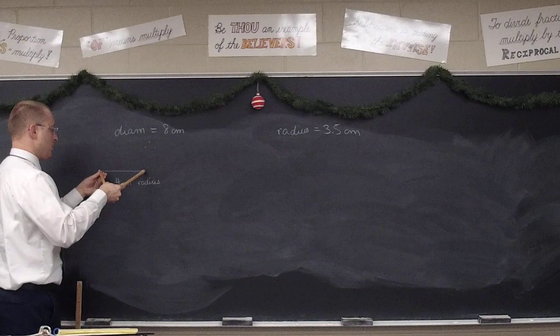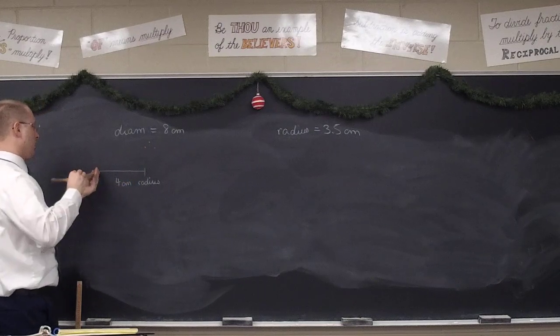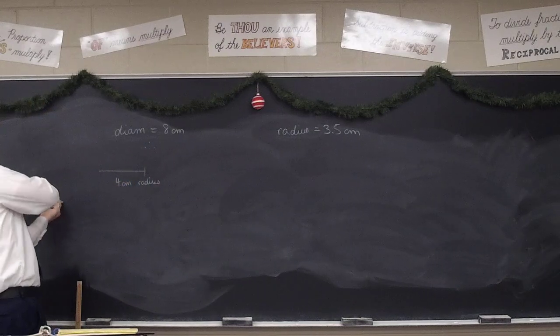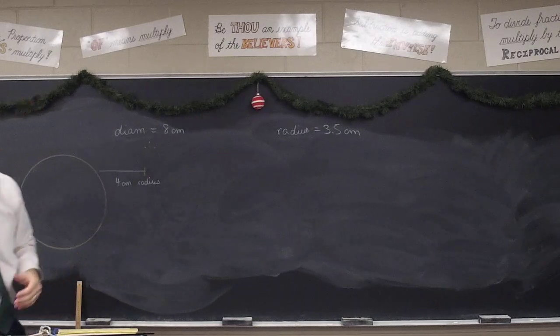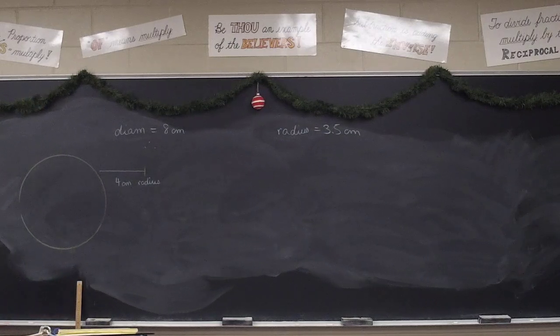Measure that 4 centimeter line and make your circle. If it says the radius is 3.5 centimeters, do I need to measure out 3.5 centimeters, class? Yes, I do actually need to measure out 3.5 centimeters.